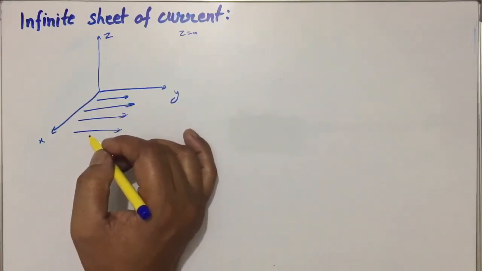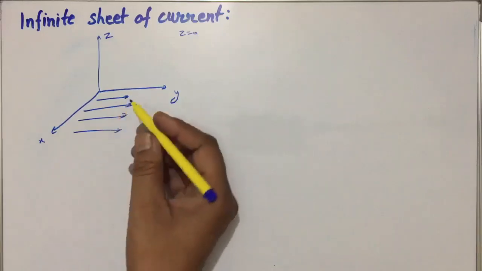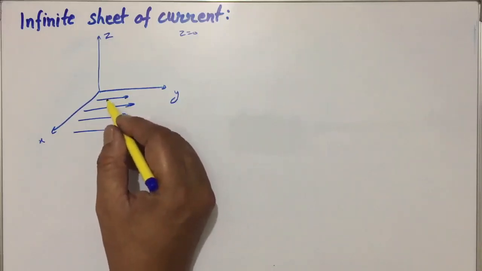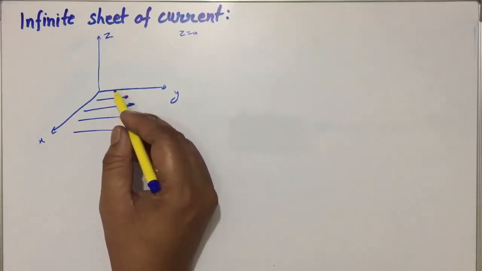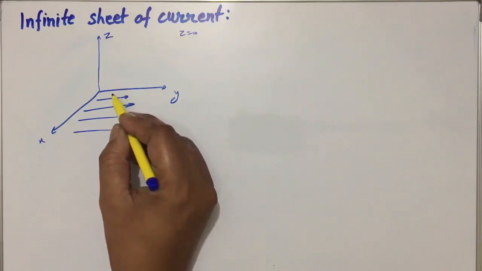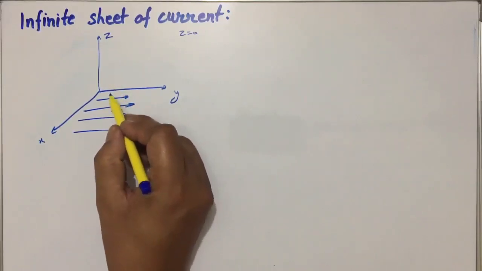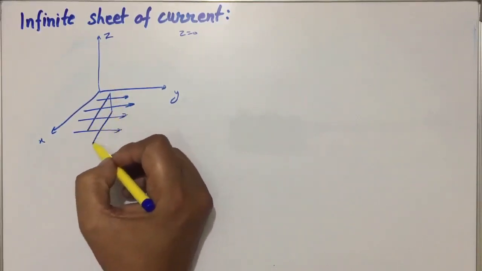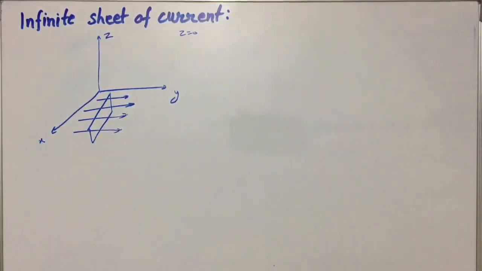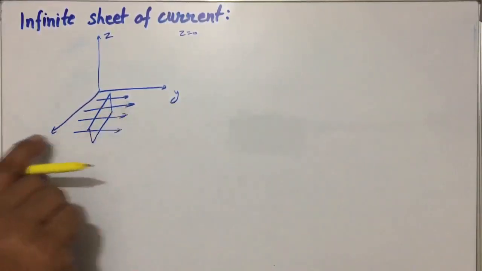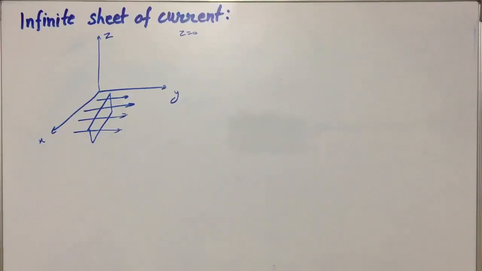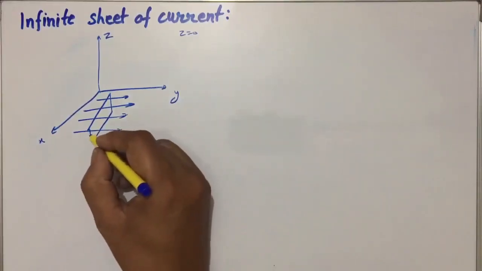So for that purpose, we first have to assume an Amperian path. You can assume a rectangle through which the sheet is passing.